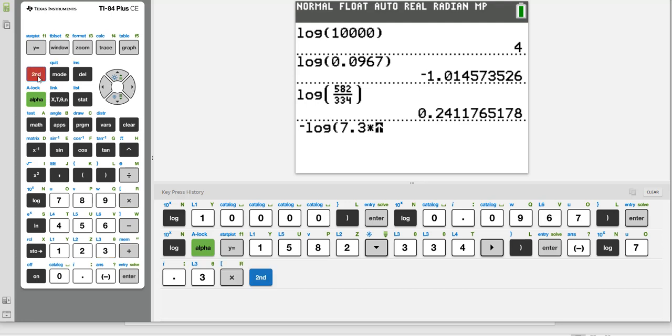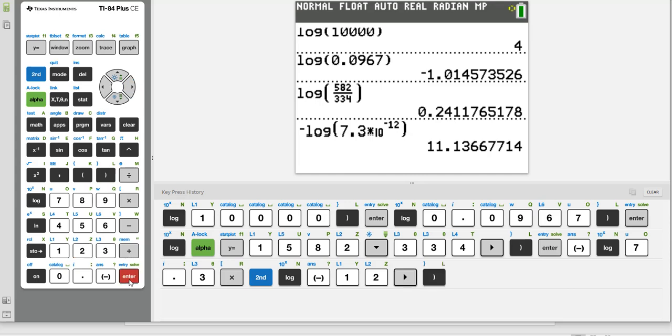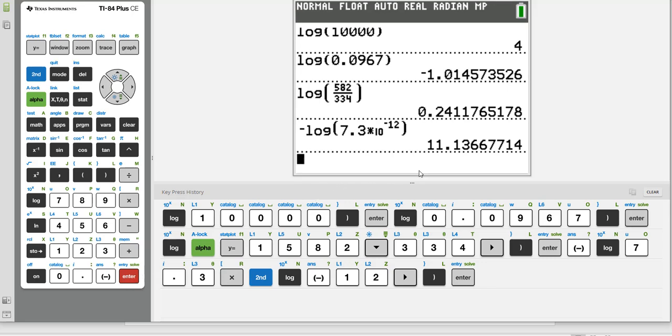Press second and 10 to the x power key. Type in negative 12 and press the right arrow. Press close parentheses. Press enter. After rounding to 1 decimal place, 11.1 is our answer.